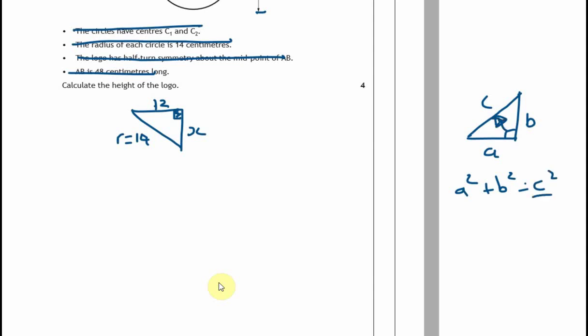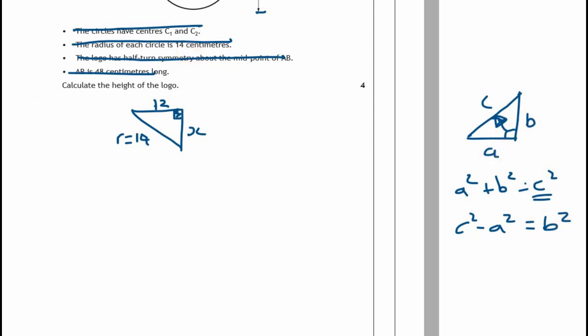Either side could be A or B. If we're trying to find the hypotenuse, we do Pythagoras add, which is to add the squares of the two short sides. If we're trying to find the short side, we do C squared minus A squared is equal to B squared. So we do the square of the hypotenuse take away the square of one of the short sides equals the square of the other short side.